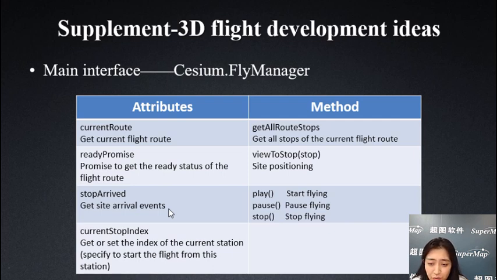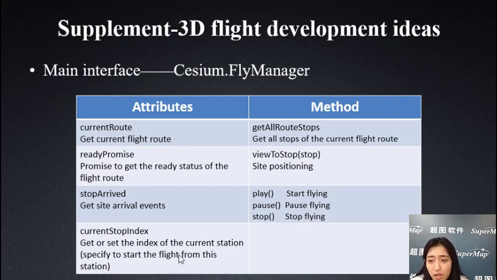And when we get the event of the station, we can set its current stop index, that is the current station index, and get the index of the current station. Or you can directly set it up and jump to the corresponding site instead of starting from the first site.